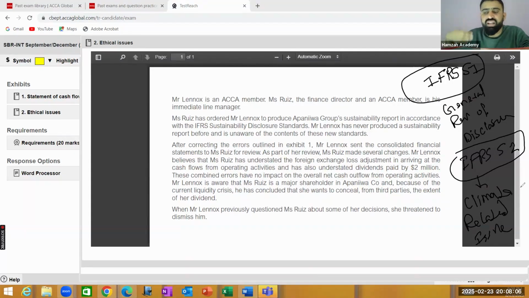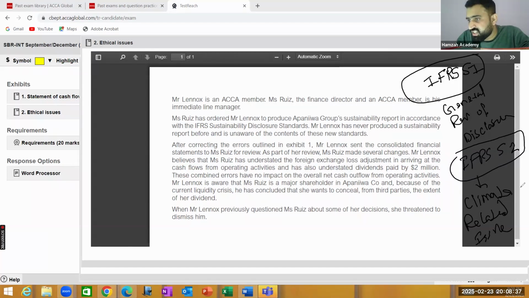Because as you know, this concept is not much older. It is an issue which is now required by various jurisdictions, that we should report on sustainability as well. So it is a developing issue. So it is possible that Mr. Linonix may not have enough knowledge or technical grip on these sustainability standards.